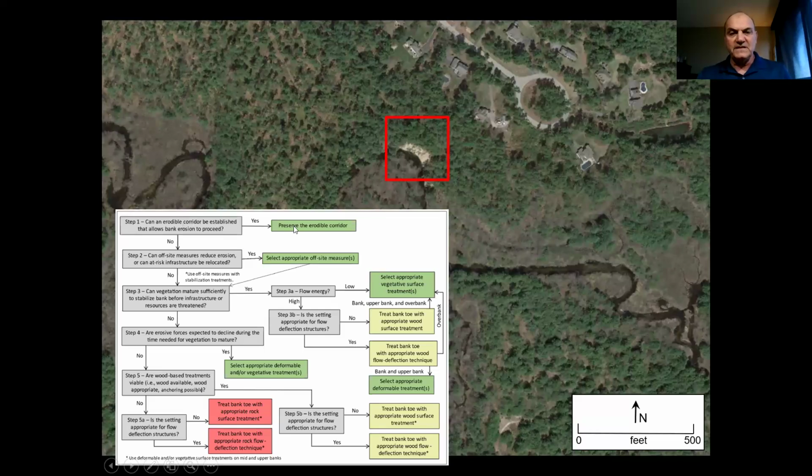We can pretty much say preserve the erodible corridor, maybe a little conservation easement along the edges of the corridor, and basically no need to stabilize. In this example, we can stop at step one, and there's no real urgency to stabilize the riverbank in any way. And so we can just stop right there. Let's look at another example.